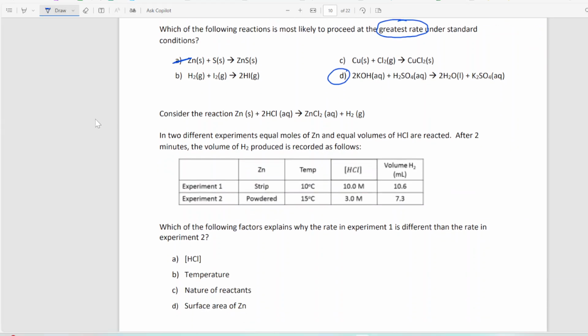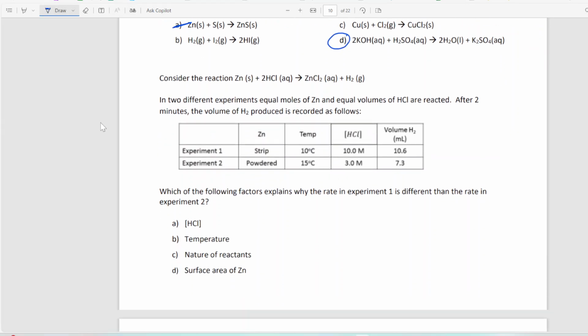Okay, this next question I quite love. So you're investigating a reaction and you found the following data. And we want to determine which of the following factors explains why the rate in experiment 1 is different than the rate in experiment 2. So in this experiment, equal moles of zinc and equal volumes of hydrochloric acid were reacted.